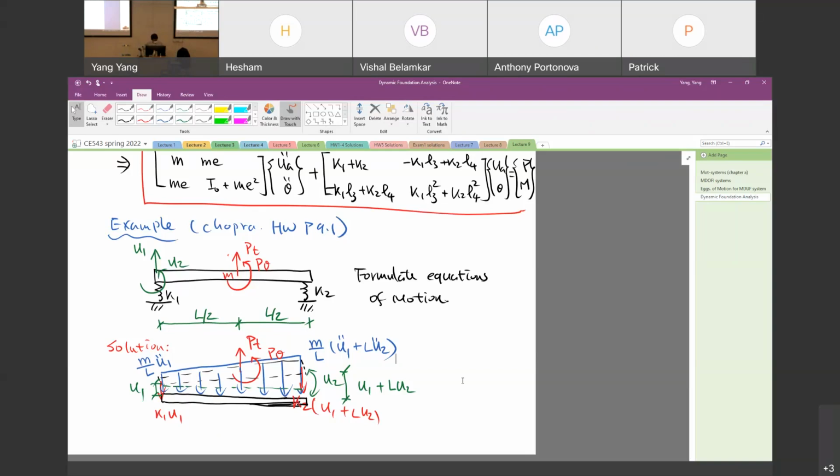For the vertical forces, the task would be very straightforward. But for the moments, that is more work here. Any questions so far for the free body diagram?